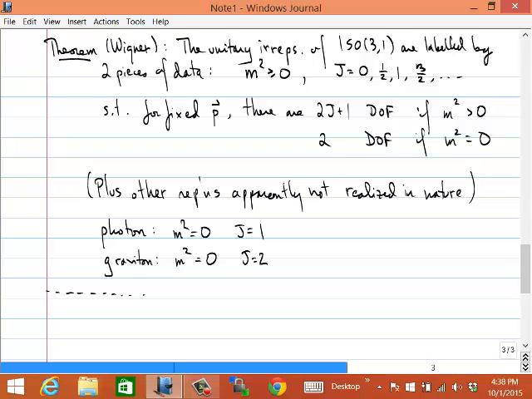Yes, question. You don't have to go too in detail, but why aren't these other representations realized in nature? Nobody really knows. Nobody's been able to write down field theories that describe particles that live in these representations. People have tried.